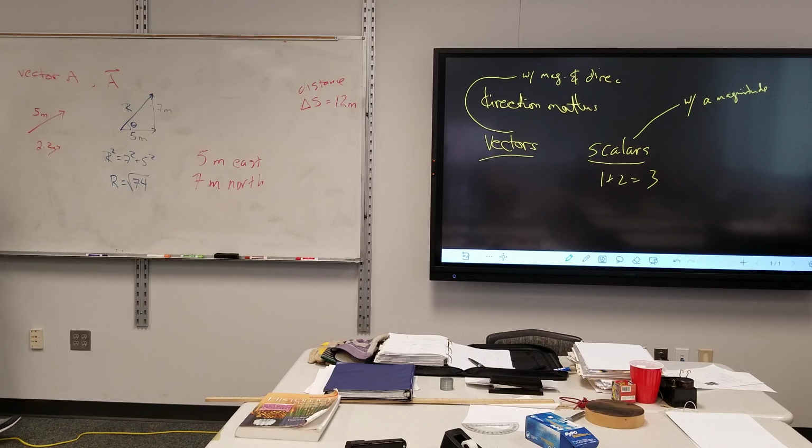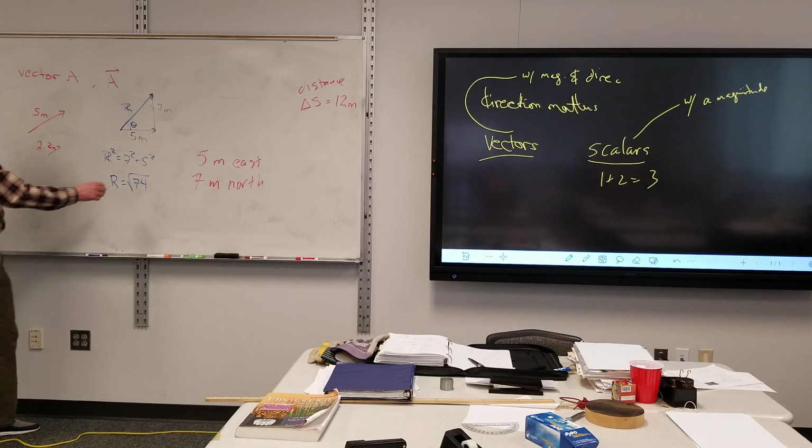If the question was, how far am I from where I started? Then I would take 3 points off for this answer on a 10-point question. What's wrong with this as an answer? It doesn't have a unit.